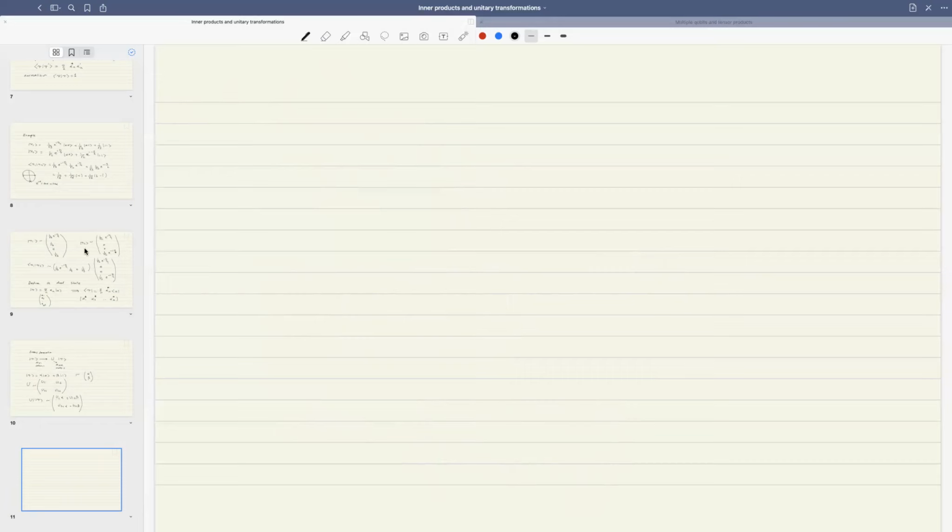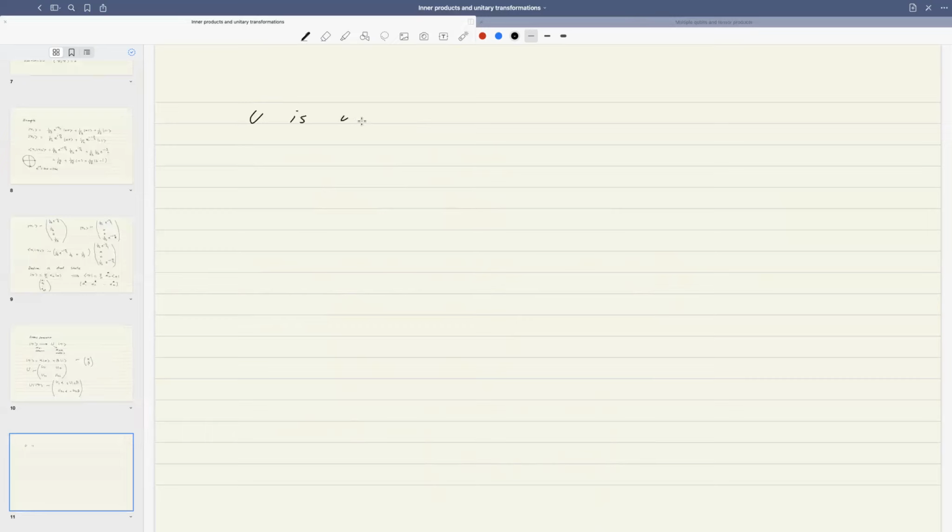It makes them so-called unitary. So we'll elaborate more in the next lecture, but essentially, we write it, U is unitary to preserve normalization.